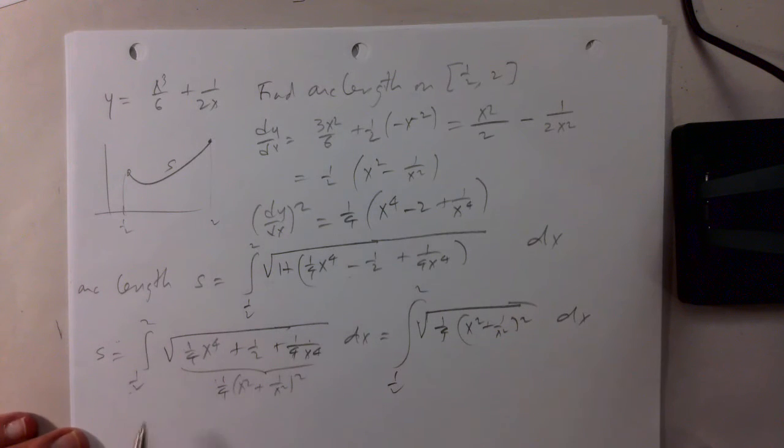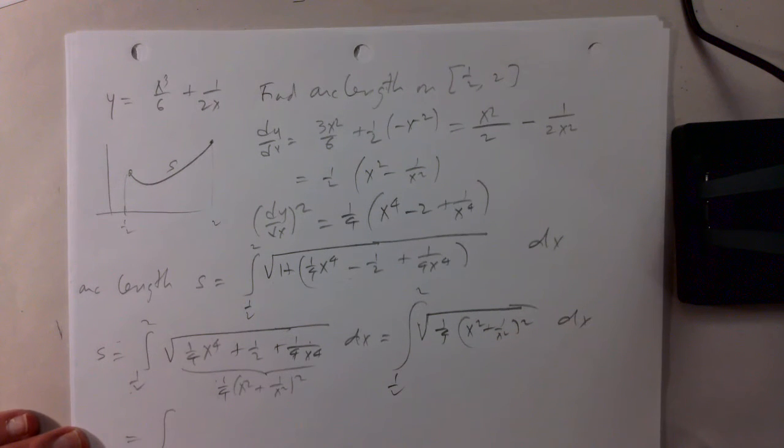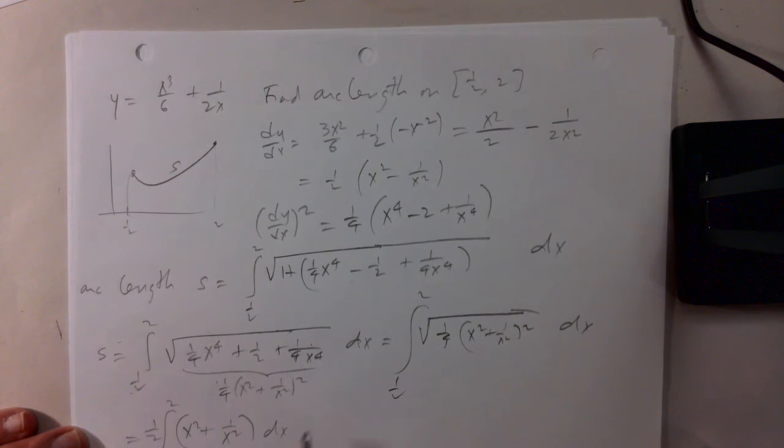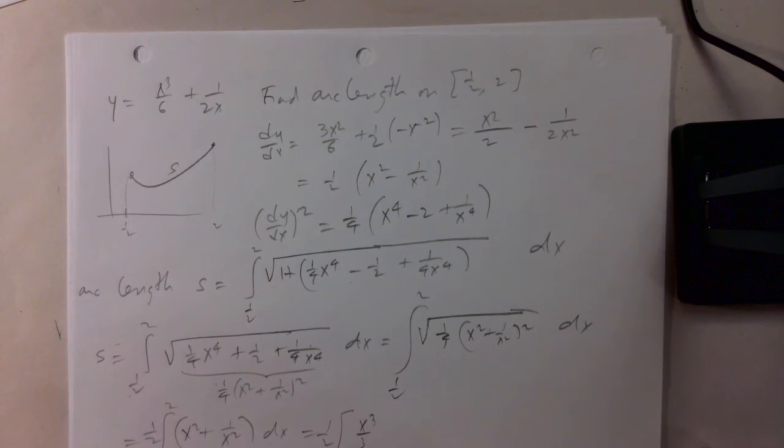But this is a perfect square. This is the integral from 1/2 to 2. Square root of 1/4 is 1/2. Square root of this is x squared plus 1 over x squared. That's 1/2. When you integrate x squared, you get x cubed over 3.